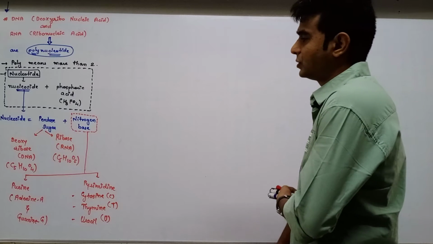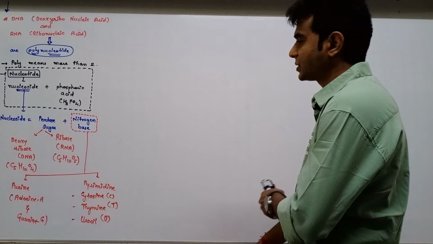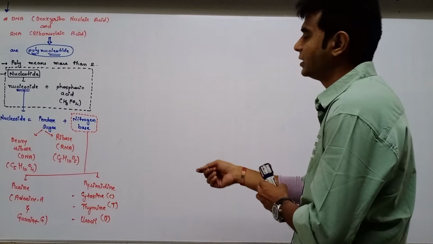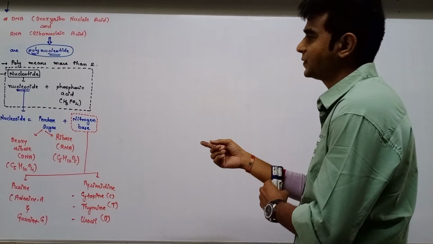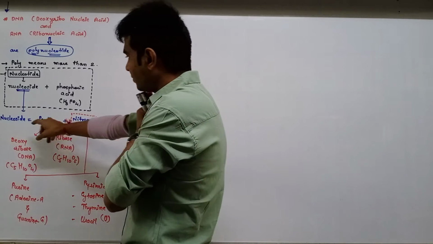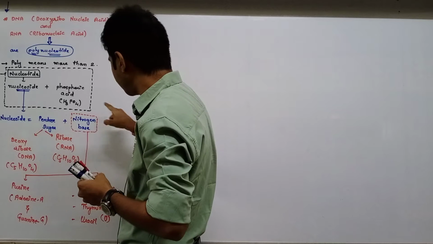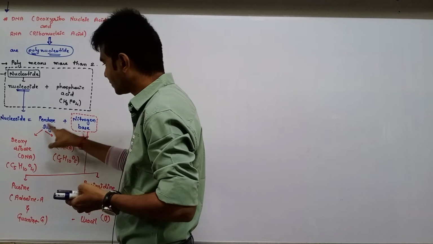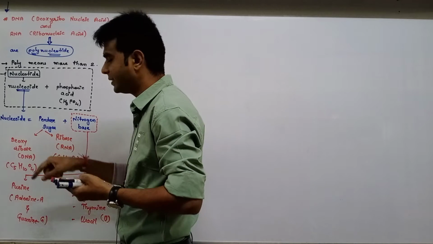Let's see the structures of each of these molecules as well as phosphoric acid. Nucleoside means pentose sugar and nitrogen base. Let's see the first, deoxyribose sugar.